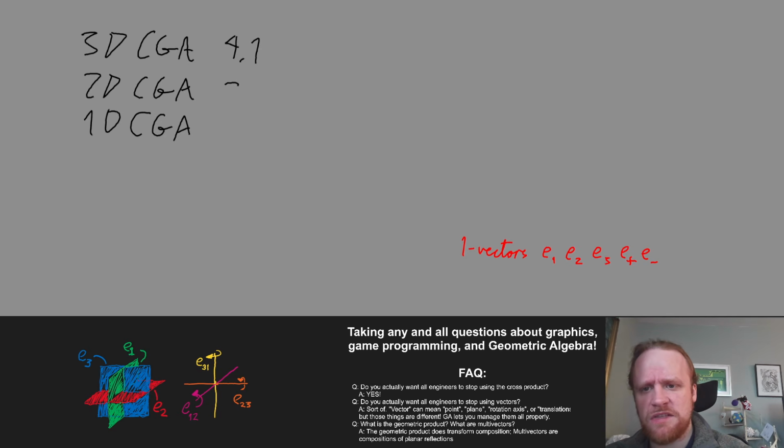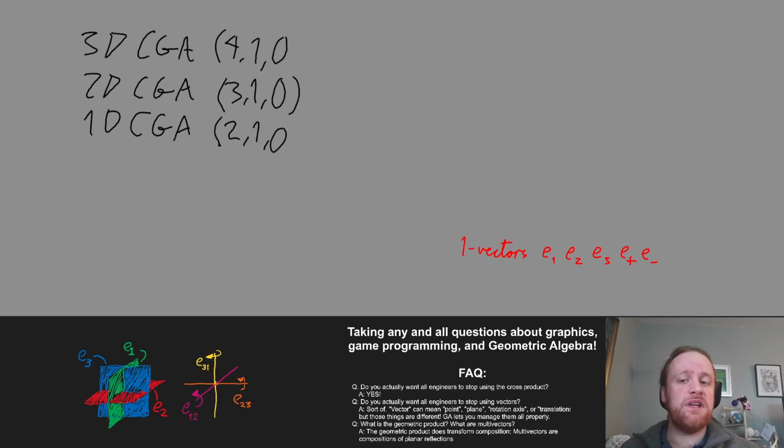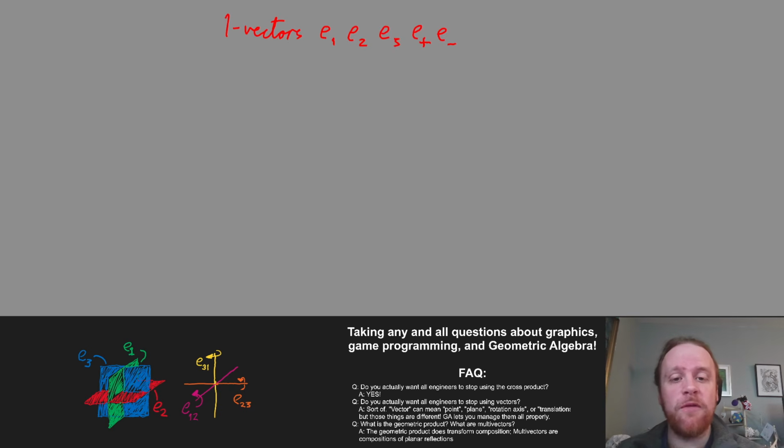So 2D CGA has the signature 3, 1, 0, 0. And then 1D CGA, no prizes for guessing, it's 2, 1, 0. 3D is for modeling 3D space, 2D is for modeling 2D space, 1D is for modeling 1D space, and they've all got an E plus and an E minus.